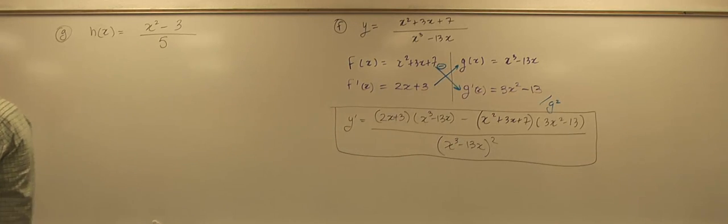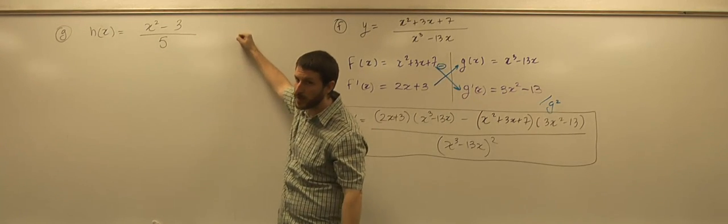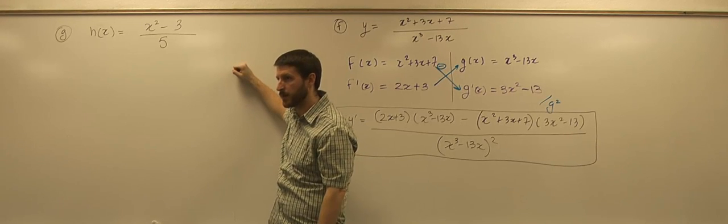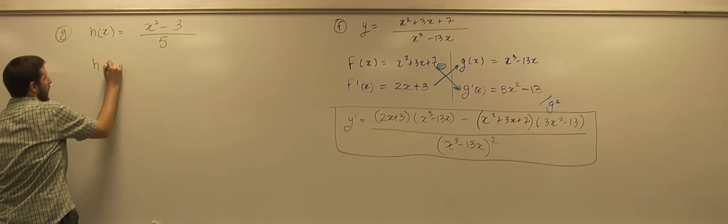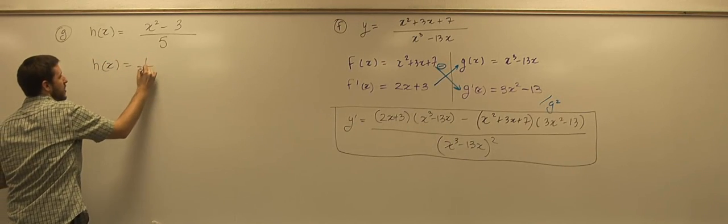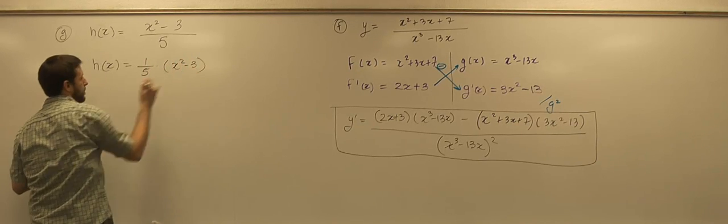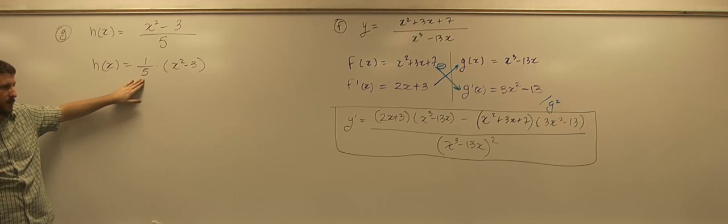But isn't that 1 over 5 times x squared minus 3? Yes, so you could do the quotient rule on this and it would give you the right derivative, but you would be wasting your time a little bit. Because this division by 5 you can rewrite as multiplication by 1/5. And then you have a constant multiple out front.